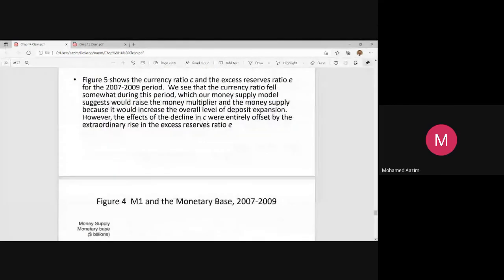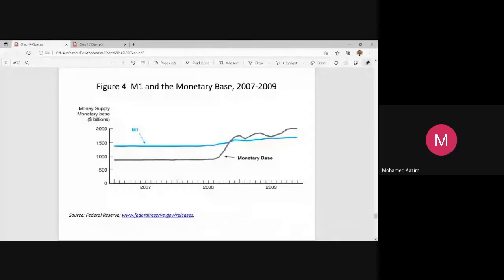in greater detail. You can see here the monetary base in the black curve, money supply in the blue curve. You can see that from about 800, 900 levels, the monetary base has gone to about 2 trillion, 2100 levels. It has actually almost tripled, increased substantively during the crisis period.